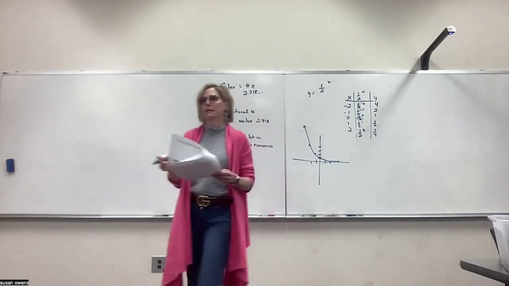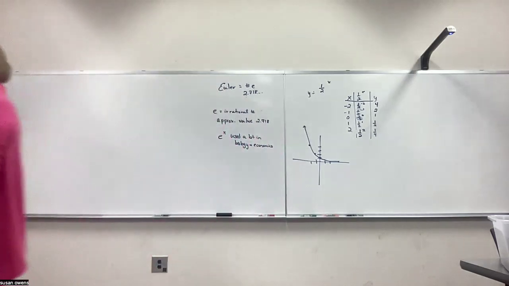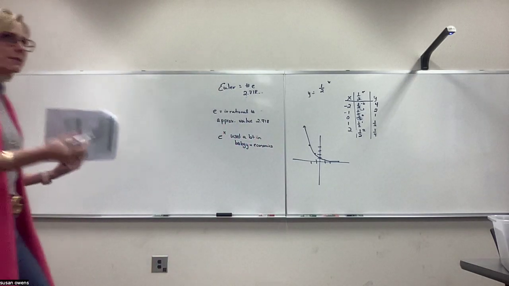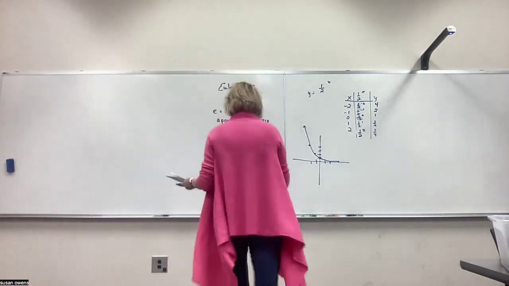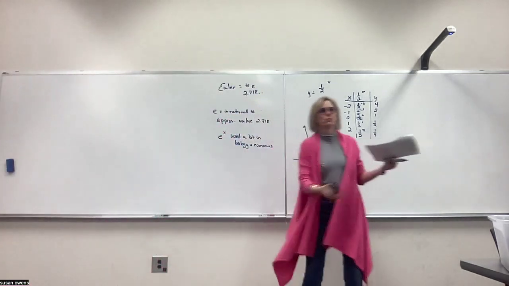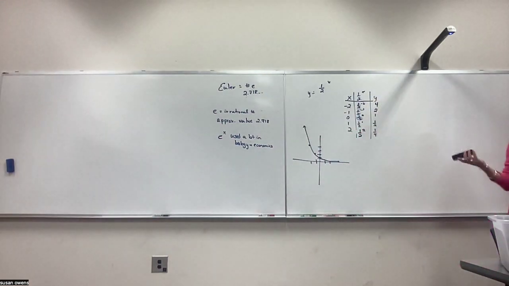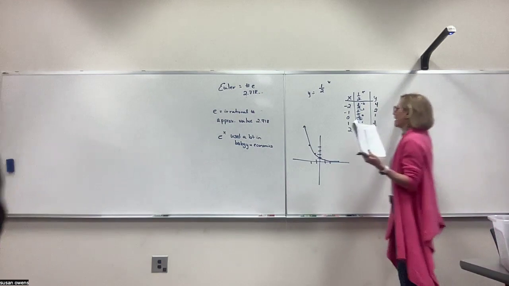It's also used in forensics. It's talking about growth and how fast something decays. We use e to the x for how fast a body cools to room temperature. You use it to approximate when a body died, how many hours have passed since the body died.